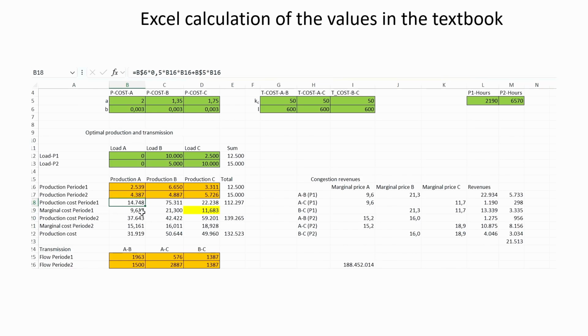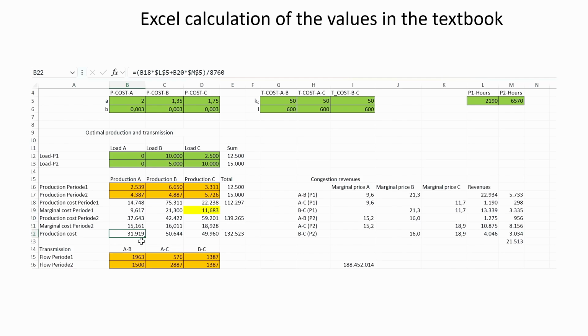And here we calculate the marginal cost in period 1, 2, and 3, and this is also done using the values up here. We do the same for period 2, the production cost and the marginal cost, and then we calculate the production cost per hour for the two periods.